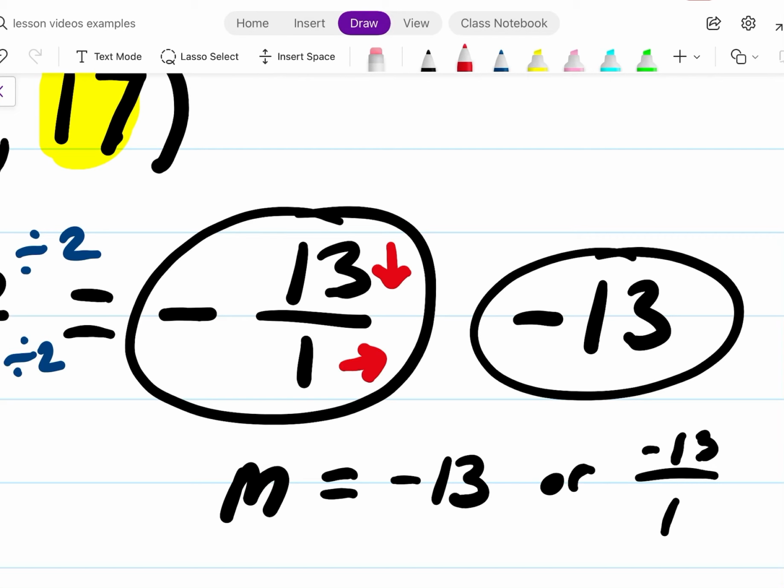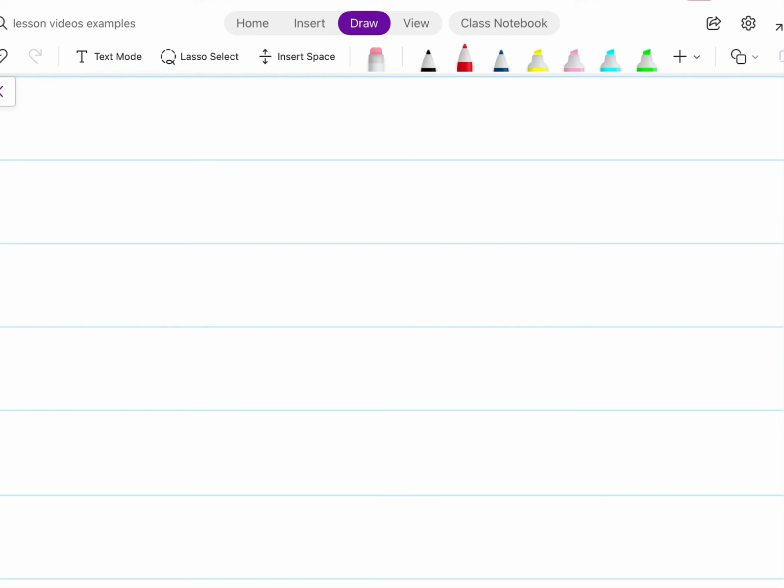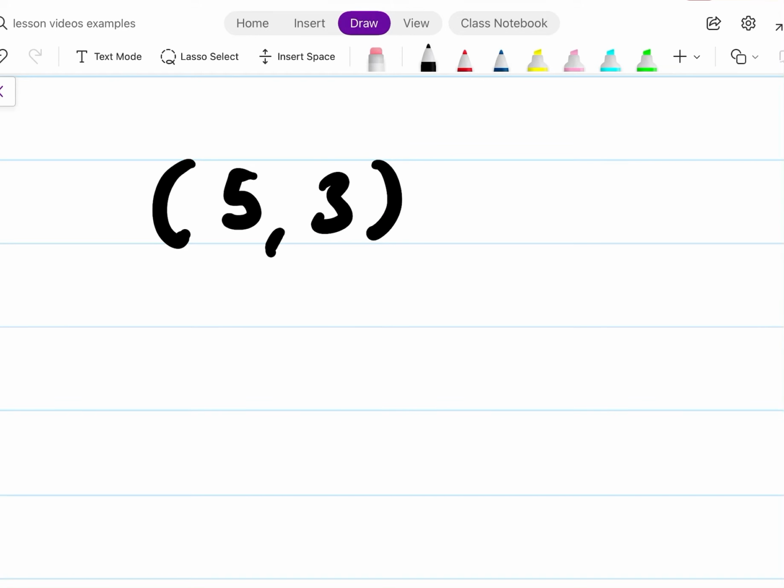So let's do another one real quick now without as much talking. We're just going to go through our method of finding slope-intercept form. So let's go ahead and use 5, 3 and negative 5, negative 5.